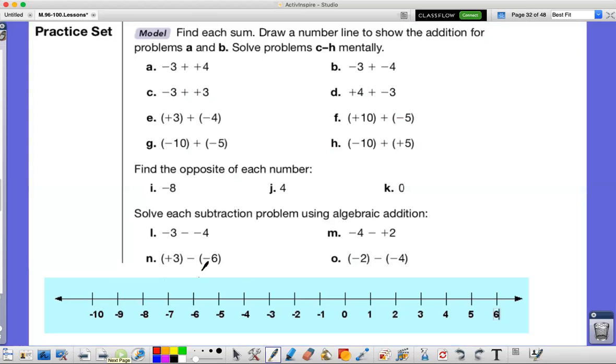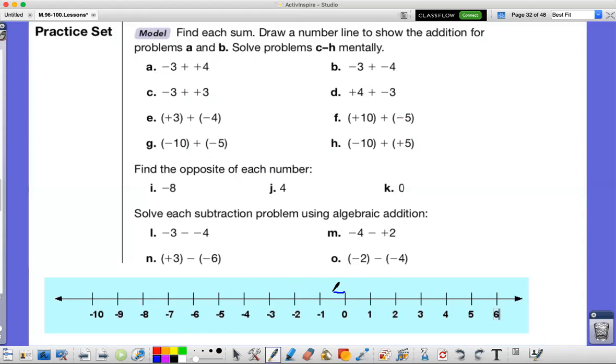All right, let's try some of these. It says draw a number line to show the addition for problems A and B. So let's just use this number line down here. We already have drawn on this one. But what about A? A is negative 3 plus a positive 4. This is what your number line would look like then.